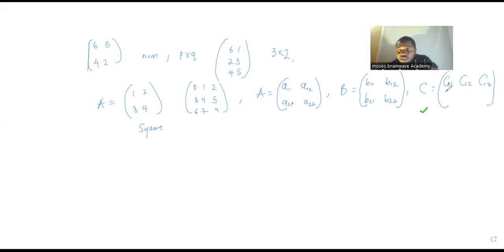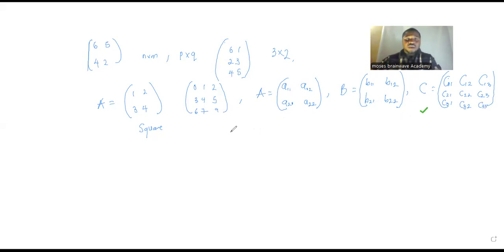Good. So we'll have c21, c22, c23. Lastly, we now have c31, third row, first column, c32, third row, second column, then c33. I think it's pretty straightforward.